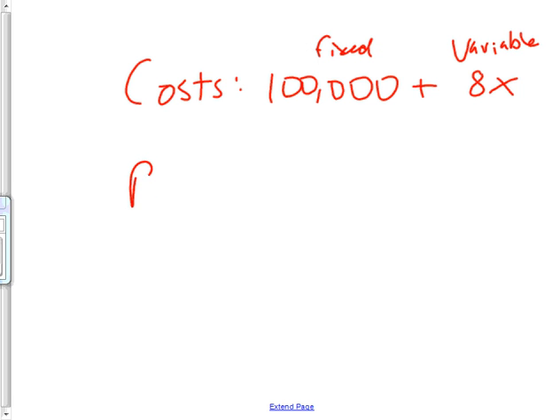Then our revenue is another equation, and our revenue is how much we bring in. Now, what if our revenue is like these widgets that we sell? They cost $20. So how do I put that 20 into this equation? 20x. That's right, $20 for every widget we sell.